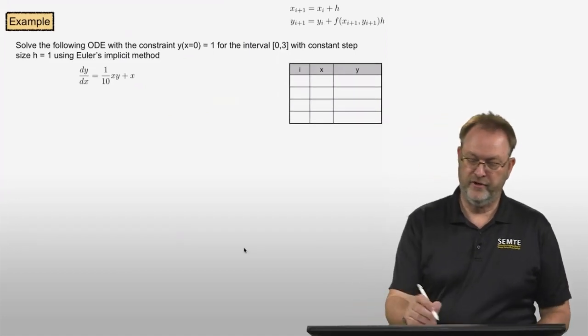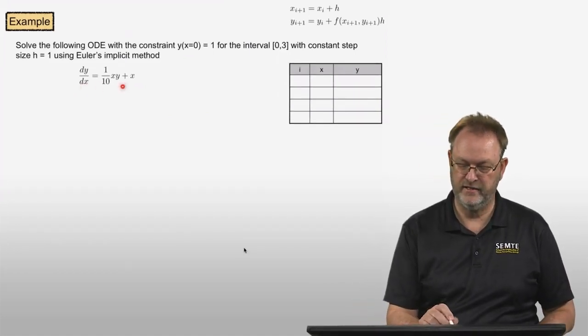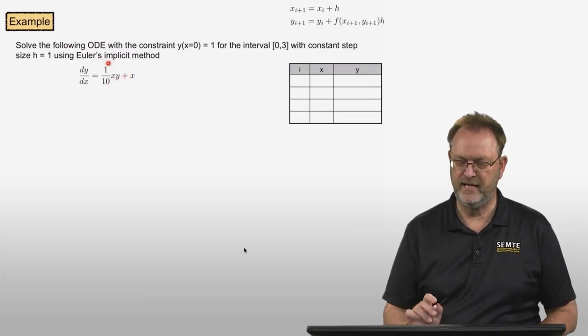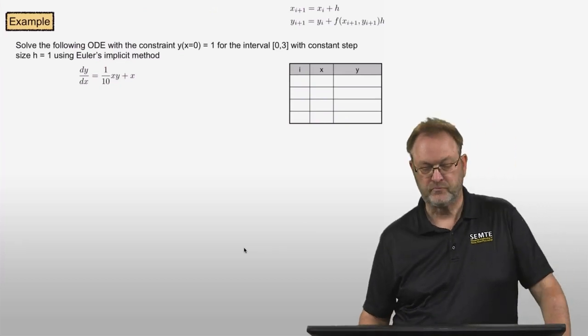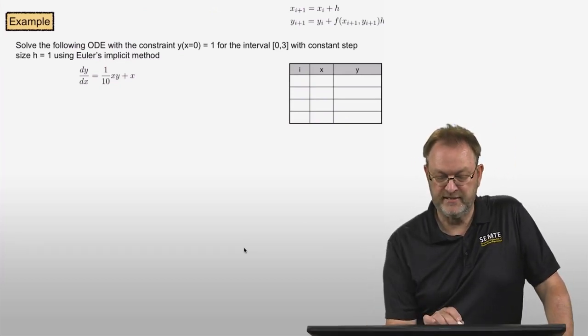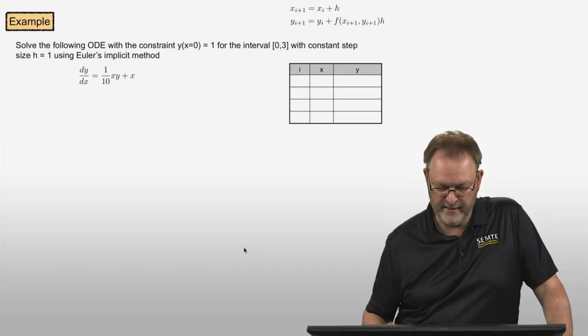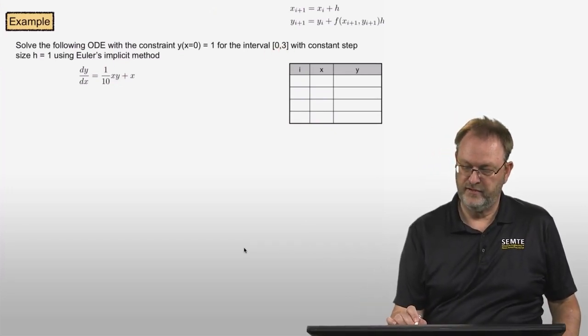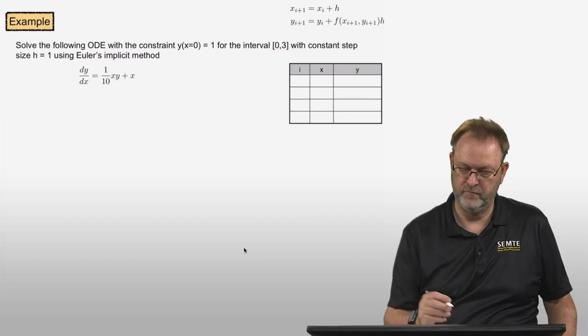Again, we want to solve the ODE here. dy/dx is equal to 1/10 x times y plus x. But now we're supposed to use Euler's implicit method. And the step size h is still equal to 1. And the interval on which we want to solve is from 0 to 3.